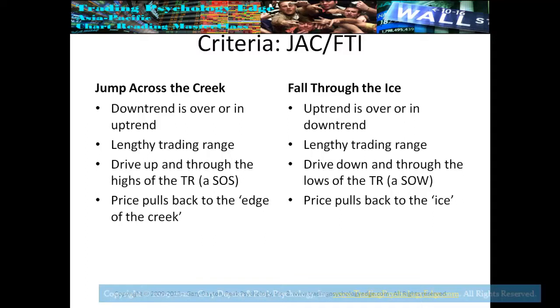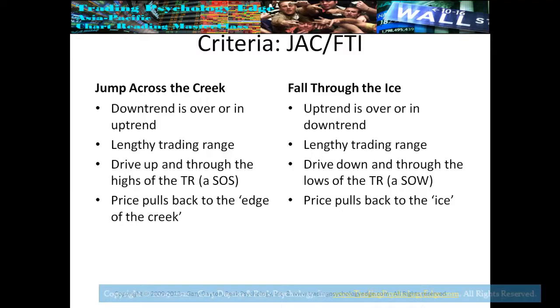And on the fall through the ice, we're either in a downtrend or the uptrend is clearly over. And we don't even need to know that the downtrends or the uptrends are over when we see these, because we get that strong sign of strength or that strong sign of weakness on the jump across or the fall through the ice. We know for sure that the supply-demand characteristics have changed.